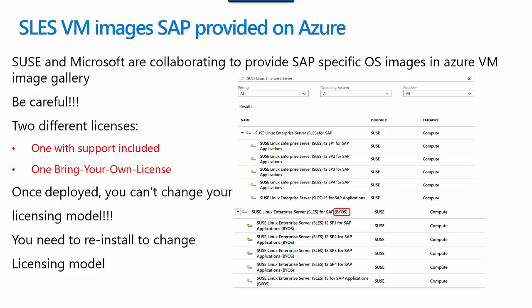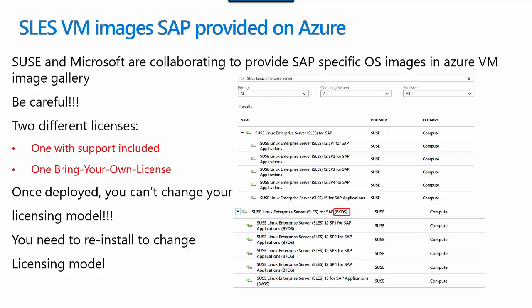Now, partnering up with SUSE, we made a number of different OS versions available in the Azure Marketplace. Over here, you see primarily there are two groups of OS images that you can use to deploy your SAP VMs. The first group does not have the notation of BYOS, which means bring your own subscription.